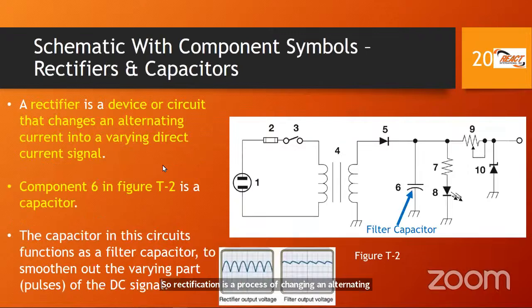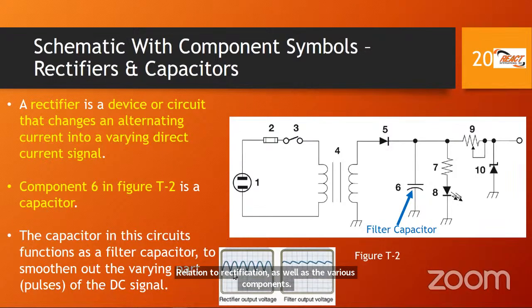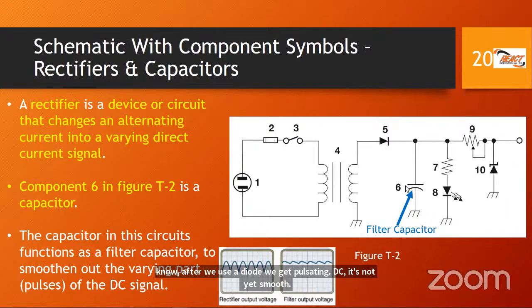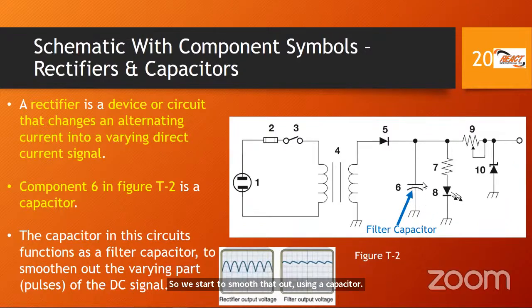All right, so we come now to some exam questions in relation to rectification as well as the various components. Notice on the bottom here, after we use the diode, we get pulsating DC. It's not yet smooth. So we start to smoothen it out using a capacitor. If you look at your circuit here, you will see a capacitor.